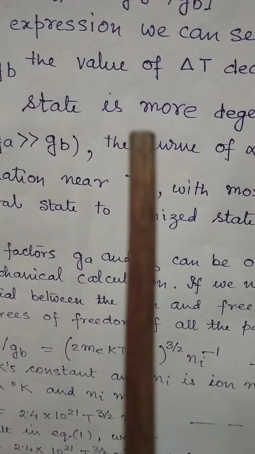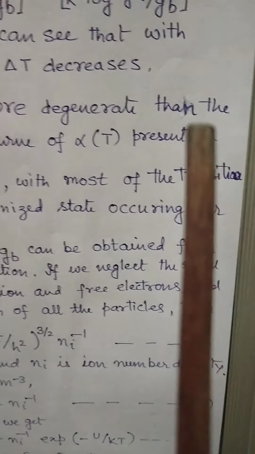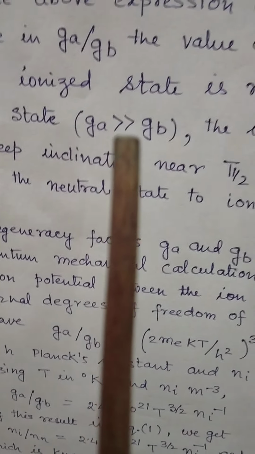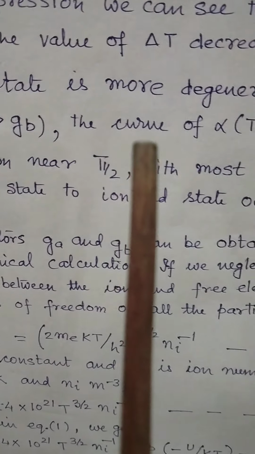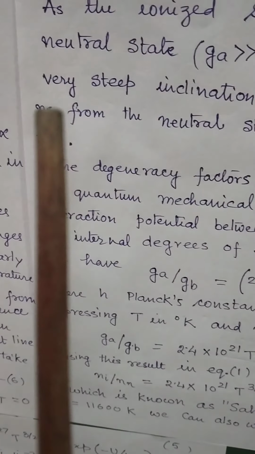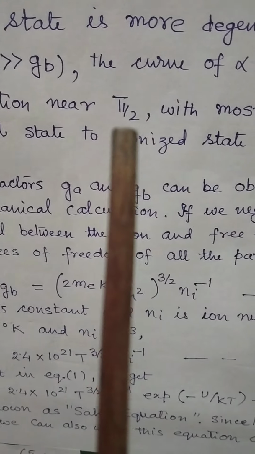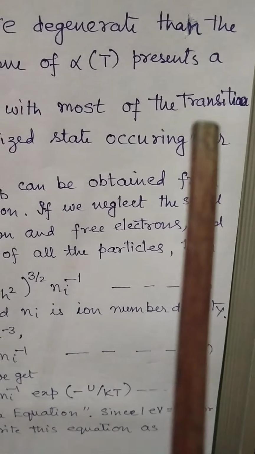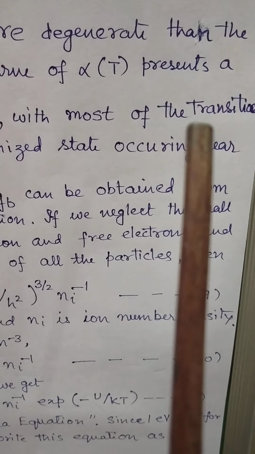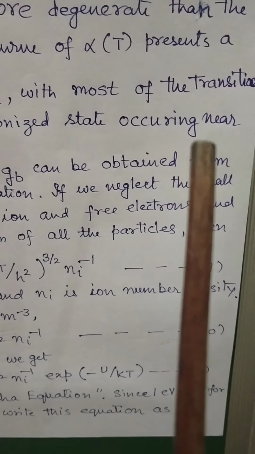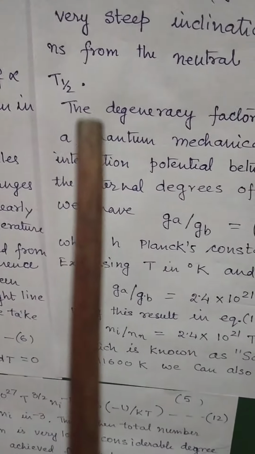As the ionized state is more degenerate than the neutral state, that is Ga is very much greater than Gb, the curve of alpha T presents a very steep inclination near T half, with most of the transitions from the neutral state to the ionized state occurring near T half.